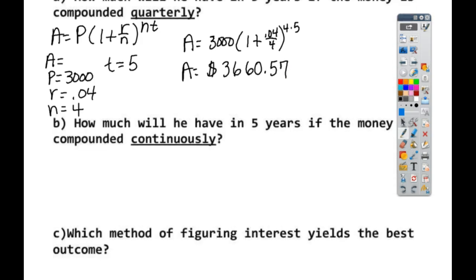Okay, so now I want to do it continuously. So continuous is this. We decided that this was going to be 3,000. The rate is 0.04 and the time is 3. So I'm going to fill in the formula.